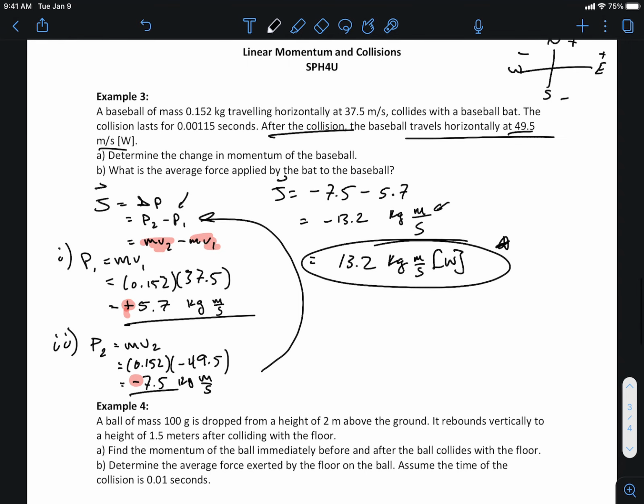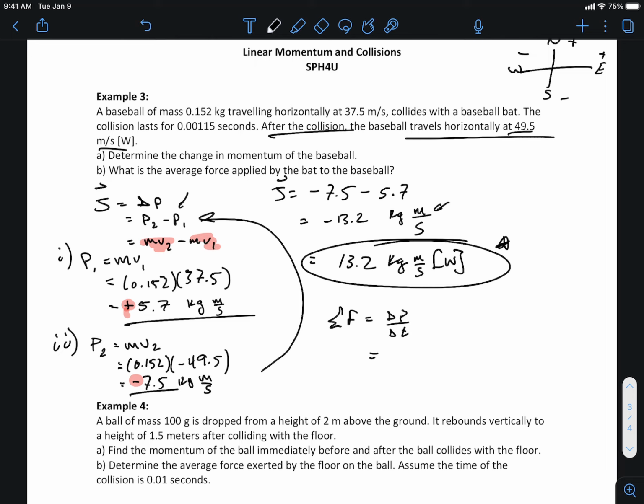And we've seen instances of where not having a negative messes things up, right? So we're like, okay, well, what's the average force? So let's write down our equation. Well, the average force is going to be the change in momentum over how long it took for that change in momentum to occur, right?